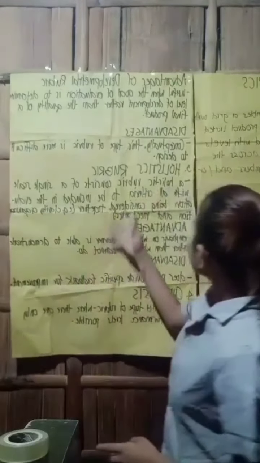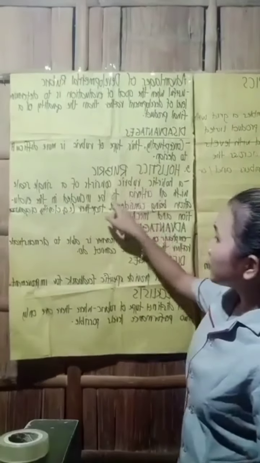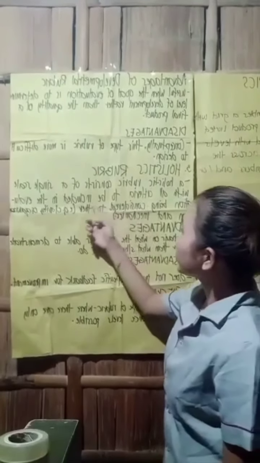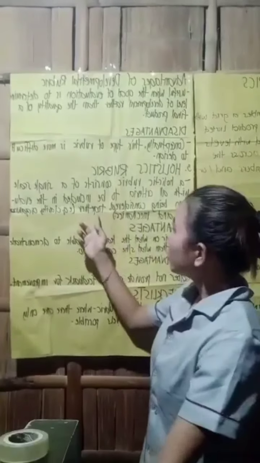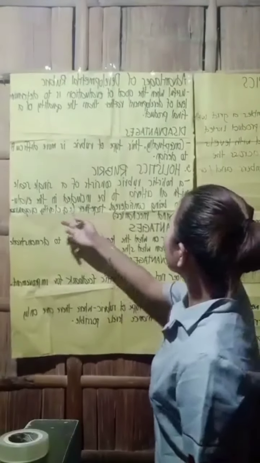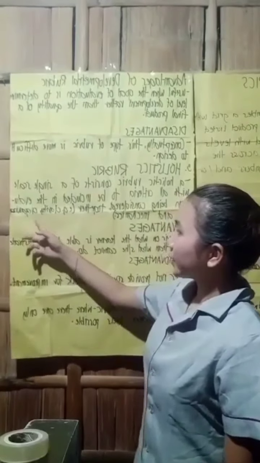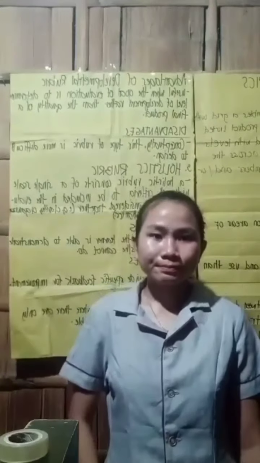And third, the holistic rubric. A holistic rubric consists of a single scale with all criteria to be included in the evaluation being considered together. For example, the clarity, organization, and mechanics.